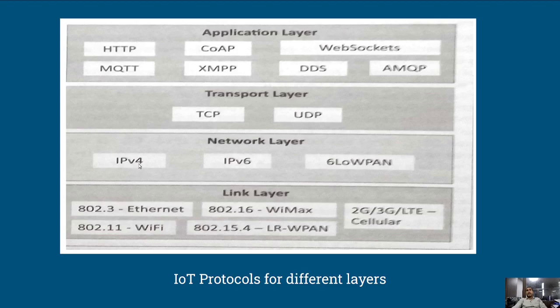In the network layer, we can have IPv4, IPv6, or the low-power wireless personal area network, which is a version of IPv6 only. Then we have the IEEE 802.3 Ethernet. We have Wi-Fi available. We have WiMAX available. Then the IEEE 802.15.4. So different standards are available along with the cellular standards like 2G, 3G, LTE, etc.